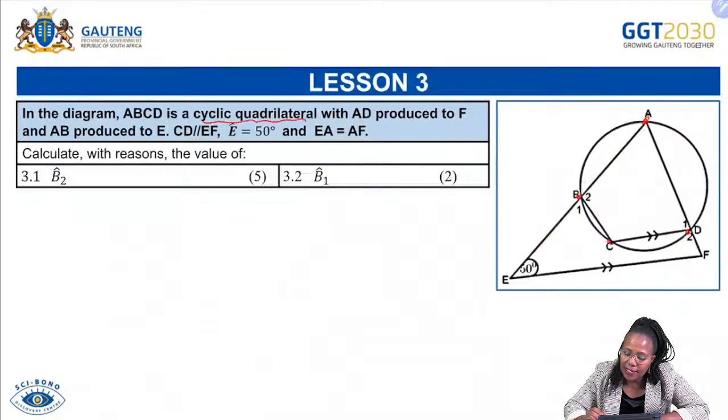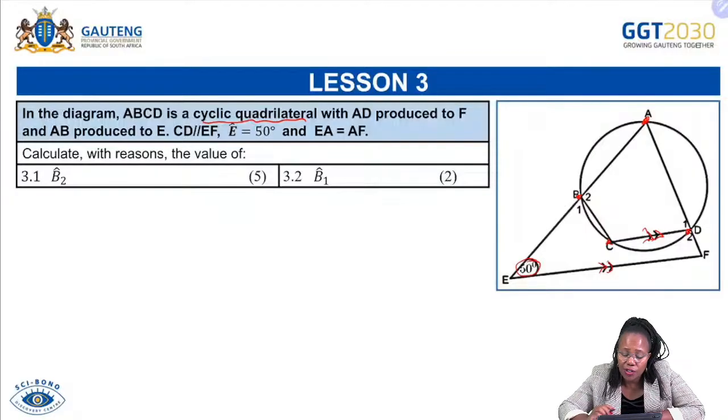All the vertices of that quadrilateral must touch the circumference. And then AD is produced to F and AB is produced to E, as indicated on the diagram. And CD is parallel, also indicated there, to EF. And then angle E is 50, noted there.